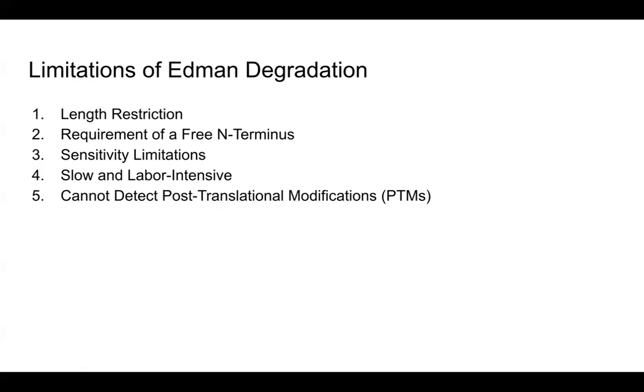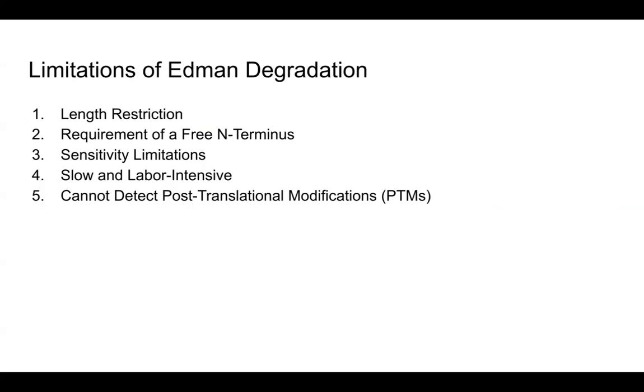Now, another limitation of Edman degradation is the requirement for a free N-terminus. So if the N-terminus is blocked because of some modification that happens, like acetylation or formylation, it must be chemically modified or otherwise unblocked before sequencing can be done.